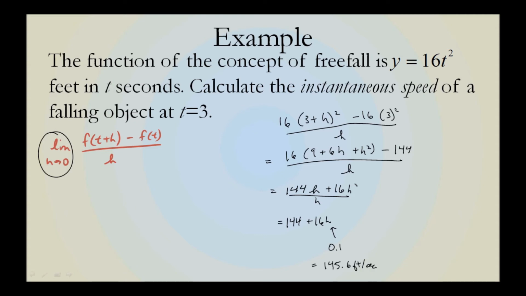However, when the h value or tolerance is much more precise, say h is equal to 0.0001, the speed can be much more accurately calculated to be 144.00016 feet per second.